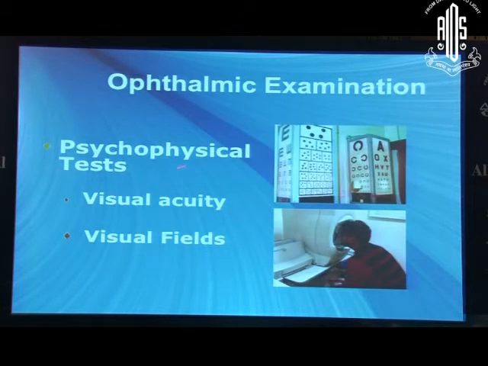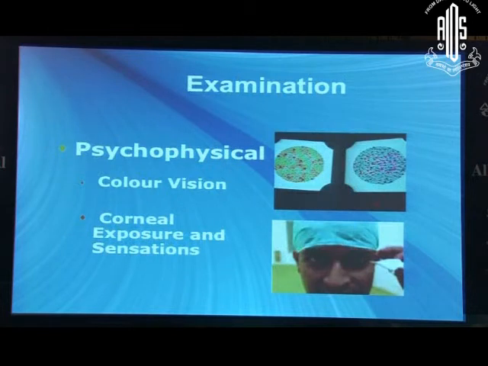You have the psychophysical tests, psychophysical implying those where the patient is giving you the information, such as the visual acuity and visual fields. This is extremely vital, as a number of orbital pathologies would impinge on the optic nerve, or create choroidal folds or retinal folds, or create corneal pathology which alters visual acuity. And this is what you need to constantly monitor, the acuity as well as the field.